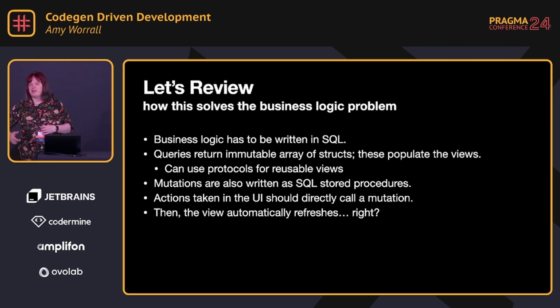I've put "right?" with a question mark because I haven't actually talked through how the subscription stuff works. But it's just another layer of the same. It's just more code gen. One of the things that the CQL JSON file contains is which tables were affected by a mutation. And so for subscriptions, you just have things subscribe to the tables they care about.